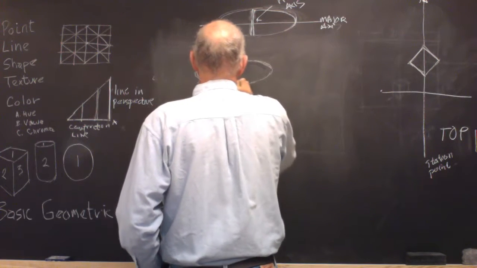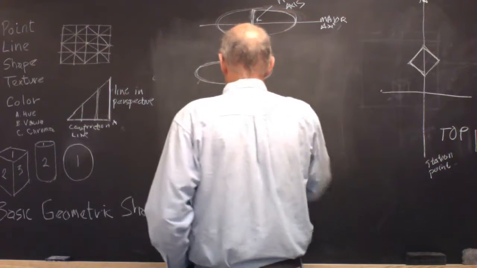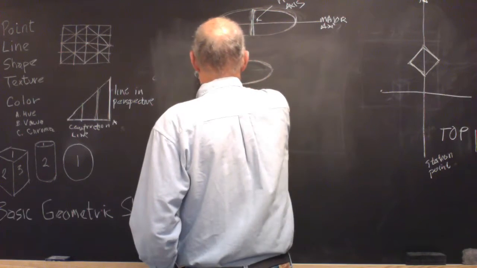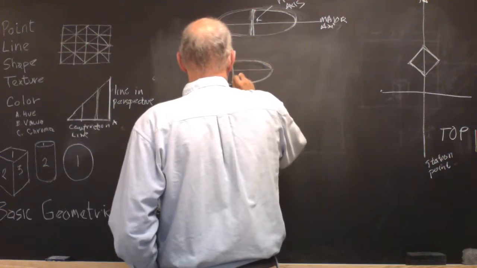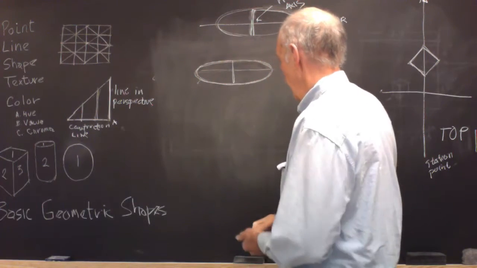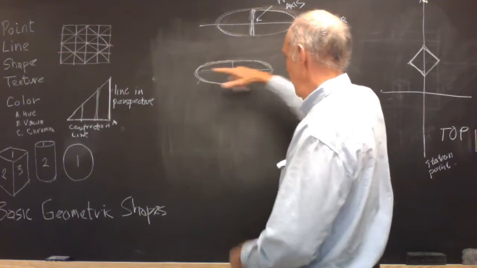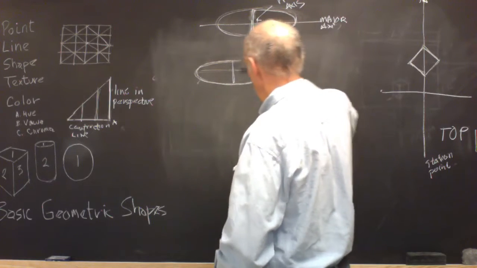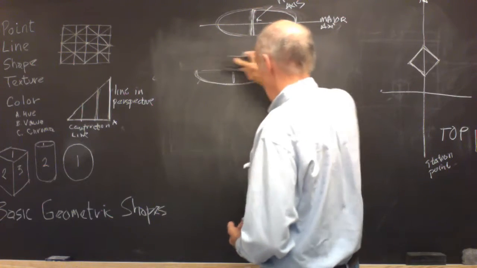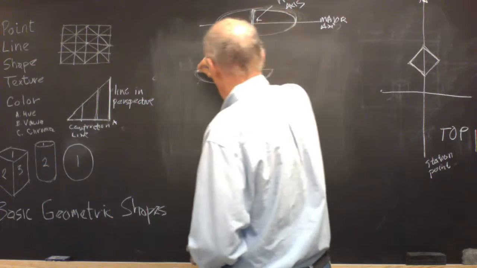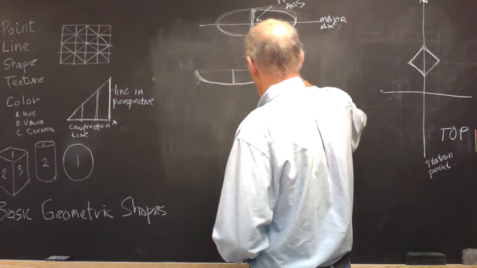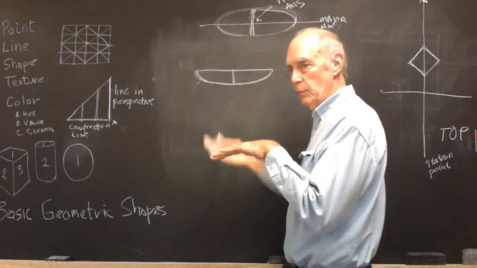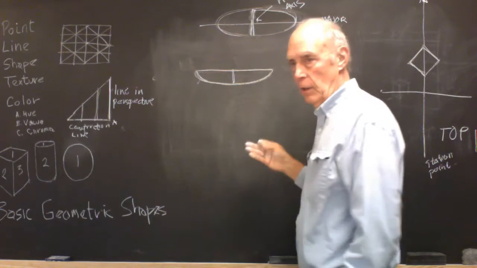I'm a little out of practice. If I take an ellipse and I draw the major axis in and the minor axis in, and I fold it in half, the top one would coincide, which means it would line up with the bottom one.